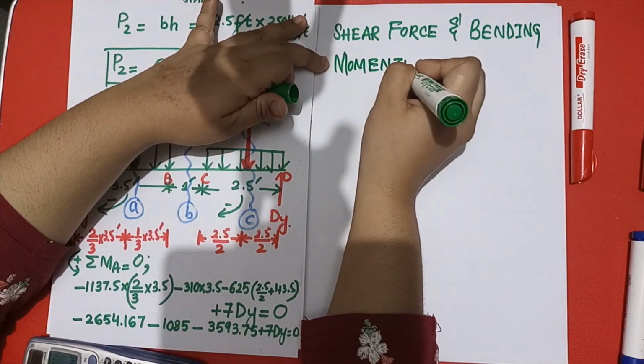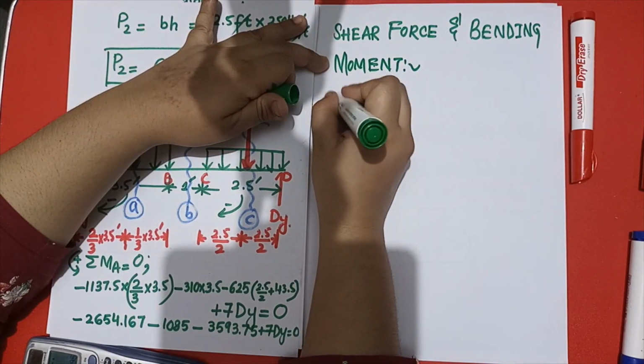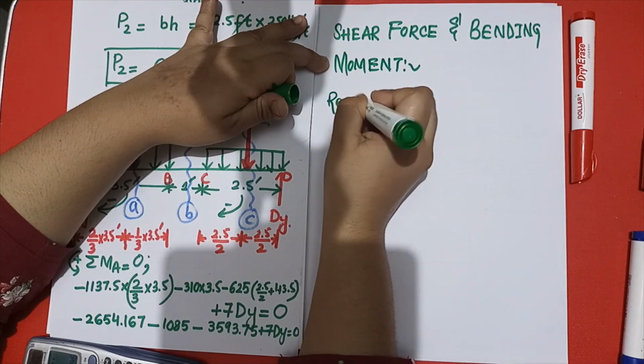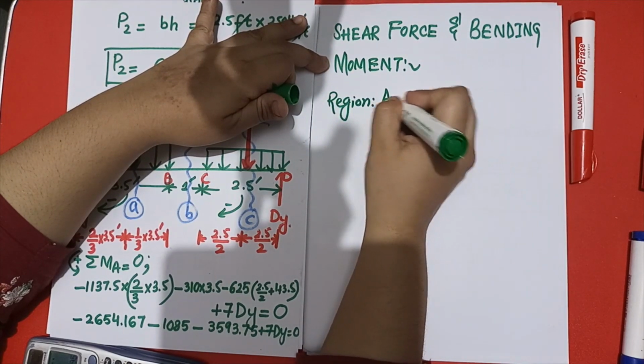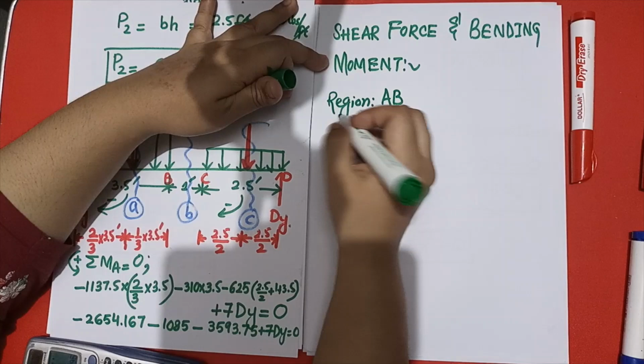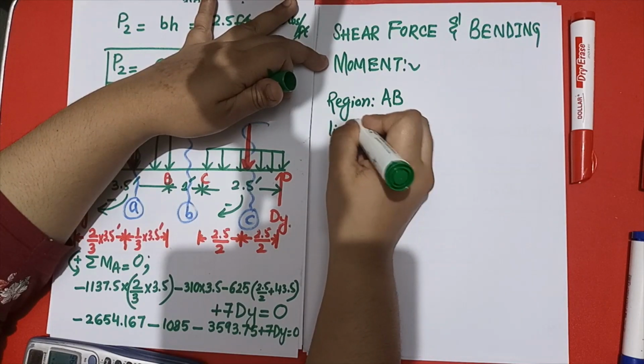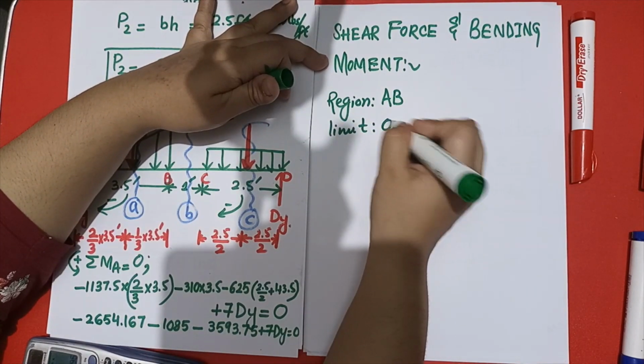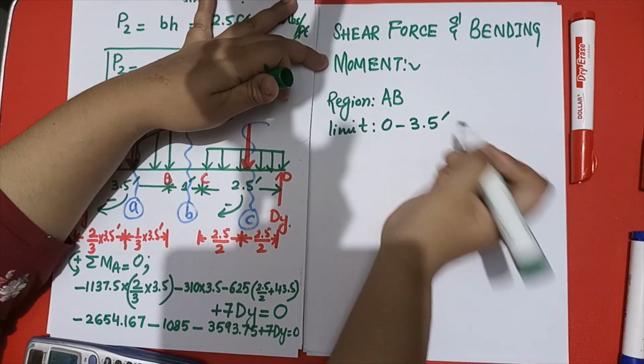Now I have region AB, as we did earlier in the engineering mechanics course, and the limit will be 0 to 3.5 feet.